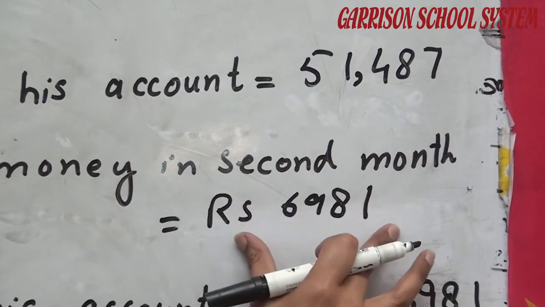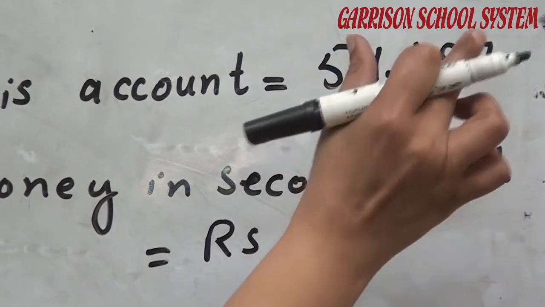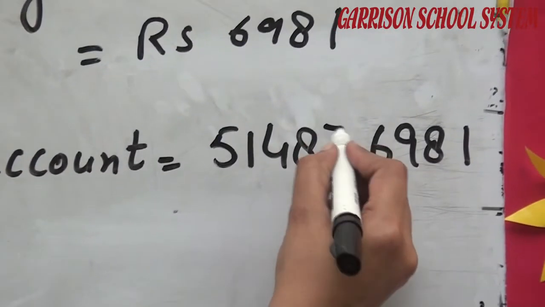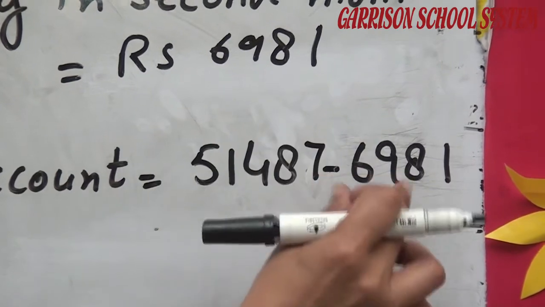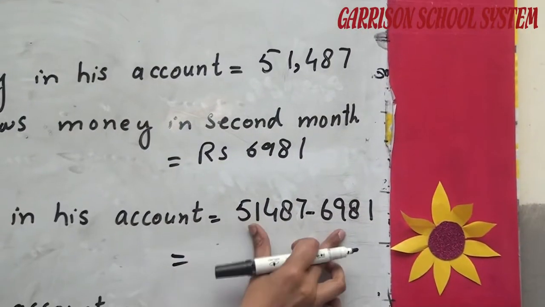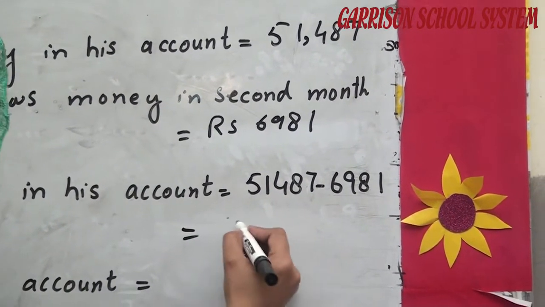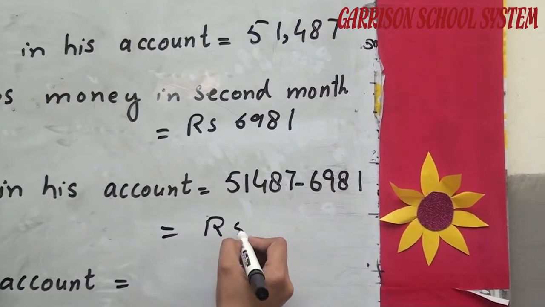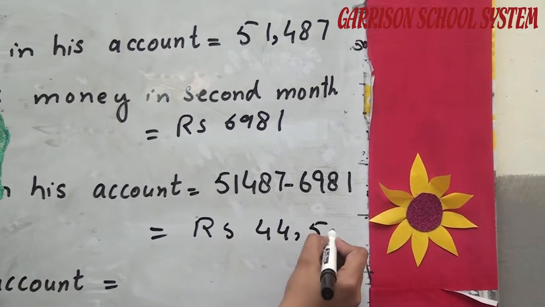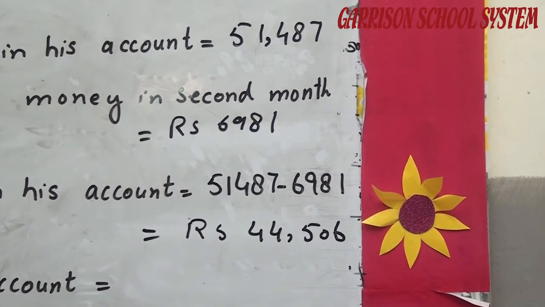So when he withdrew his money, we have to subtract this money from 51,487. So when we minus this money, the answer will be rupees 44,506.